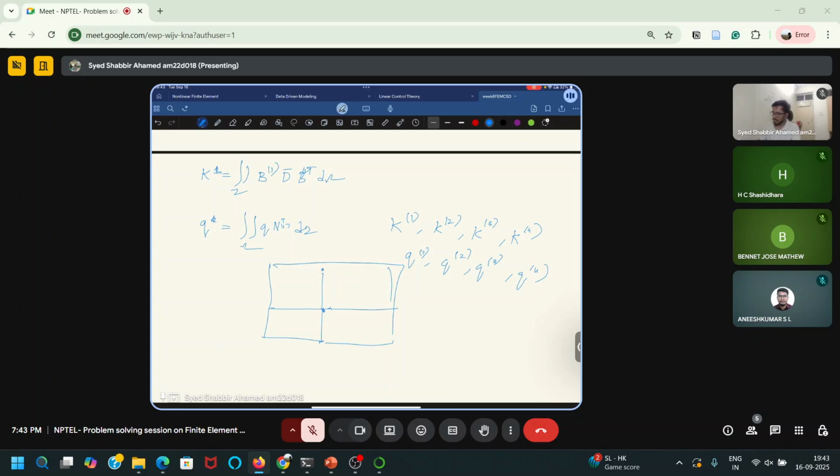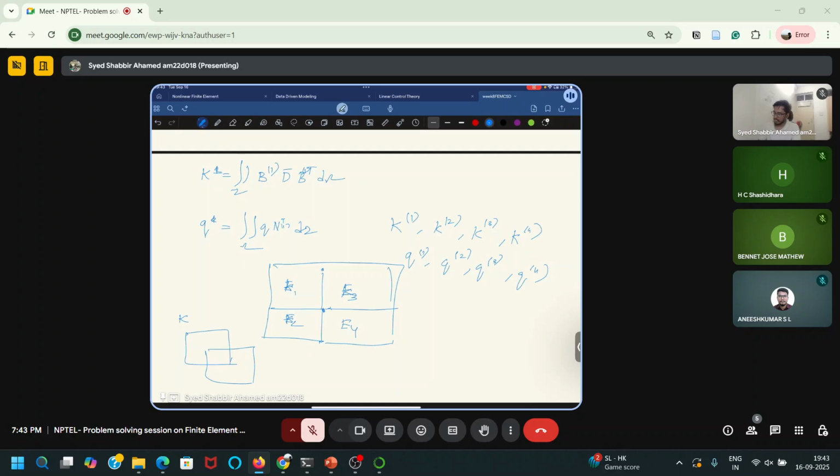Let's say this is K1, this is K2; element 1, element 2, element 3 and element 4.